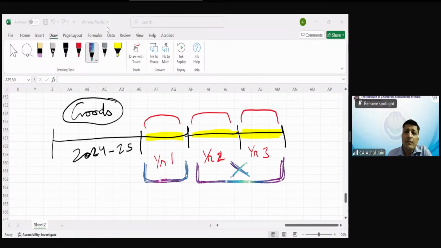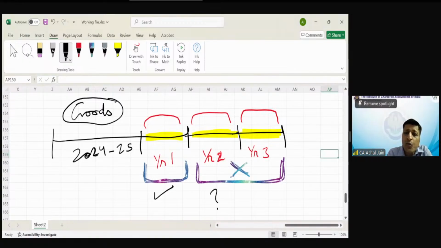Now, let's suppose the auditor looks at the agreement or the document, so he will ask why you created this only for year one. Why has this not been created for year two, year three? So will this not have an impact on the amount of provision? Tell me, Priyanshi.